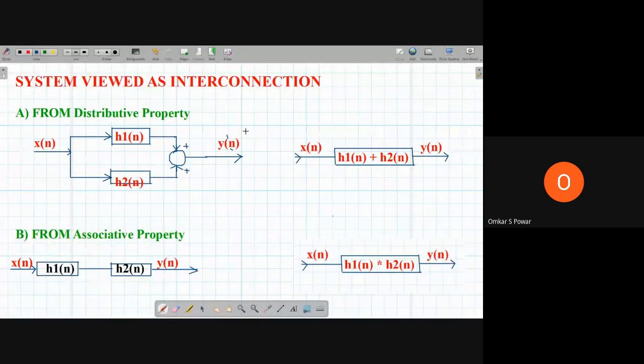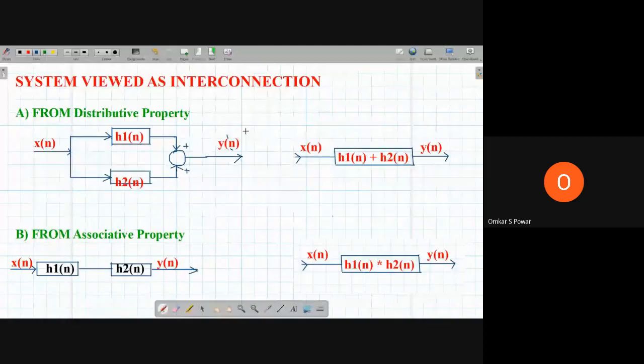Then we saw how to do convolution in discrete time and convolution in continuous time. Then we saw linear differential equations, that was yesterday's class. Before that, we saw the properties of LTI systems like causal, memory. So these are the things which we have learned.